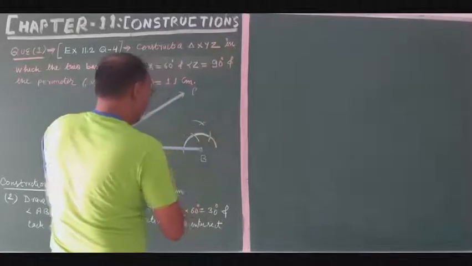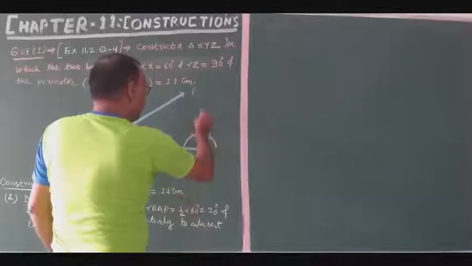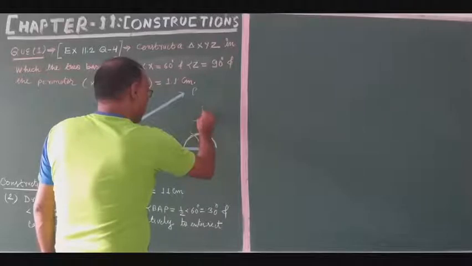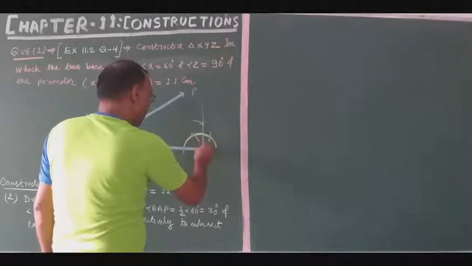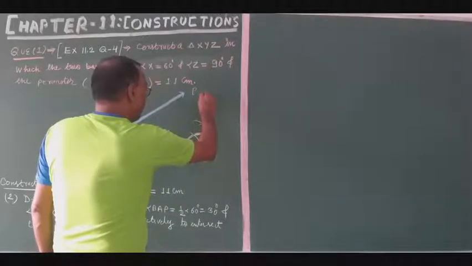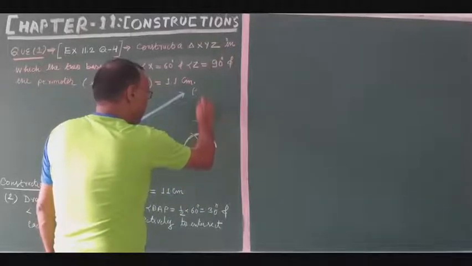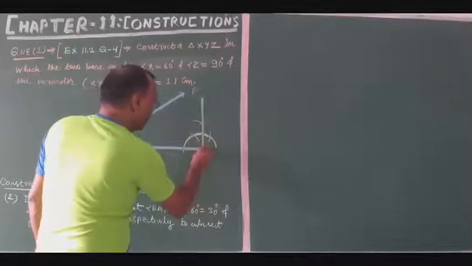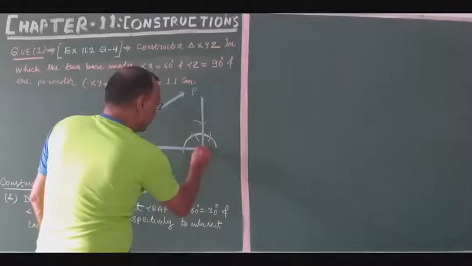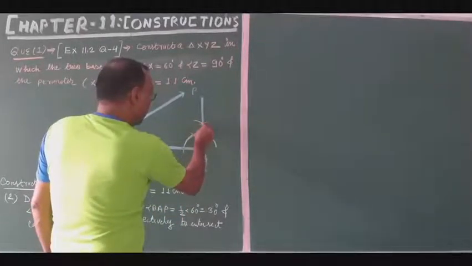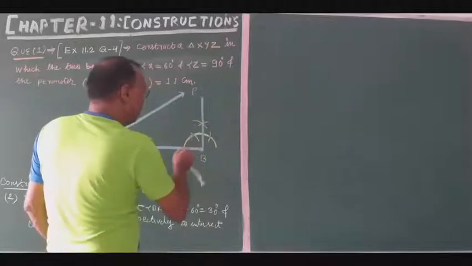So this is the 90 degree. This is the 90 degree angle and then we will bisect it.